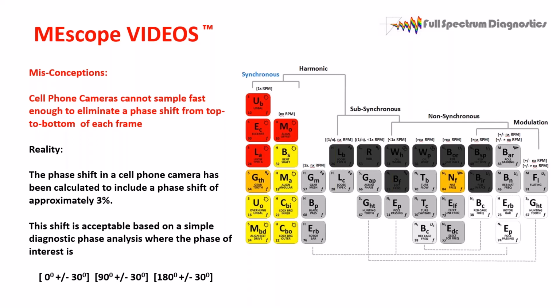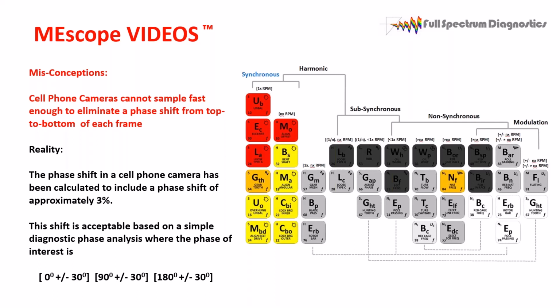If we're going to do a phase test, all the things in the first 2 columns of the periodic table, we're looking for changes in the response of 0, meaning they're in phase, 90 meaning they overlap each other a little bit, and then 180, they're always out of phase. But you could add in that 3% and it really wouldn't make a big difference.